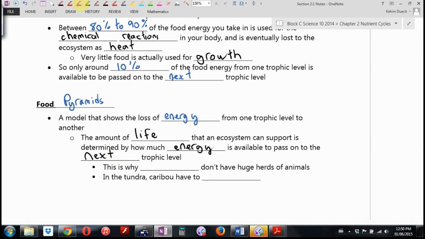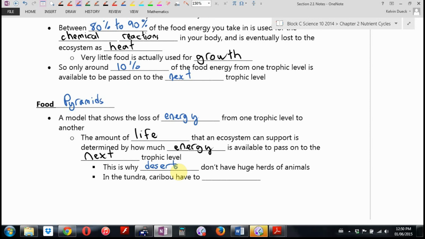And this may seem obvious, but this is why deserts don't have huge herds of animals. Are there lots of plants in deserts? No, and that's where the energy starts from. So you're already starting with a huge handicap, a much smaller amount of energy. Where do herds of animals develop?